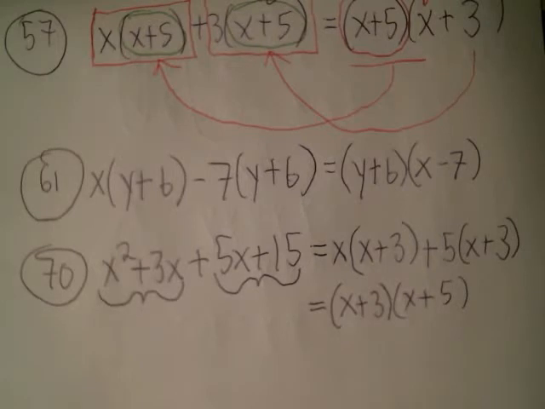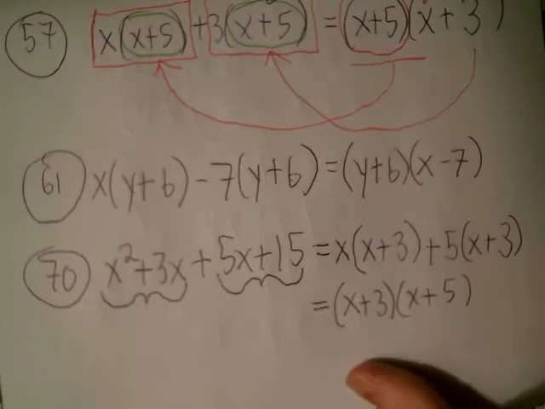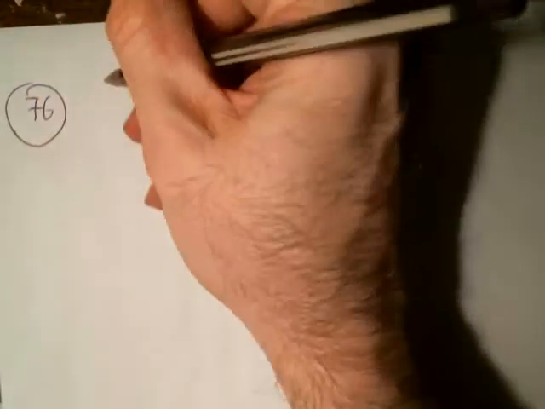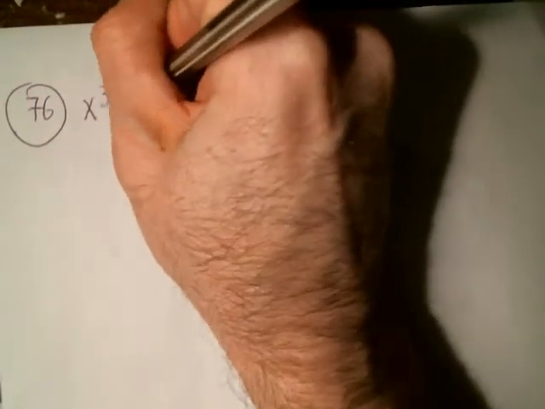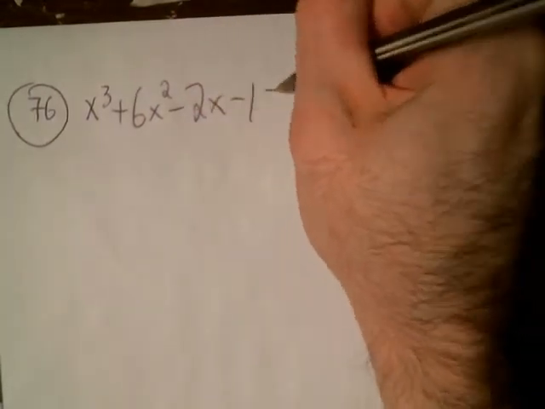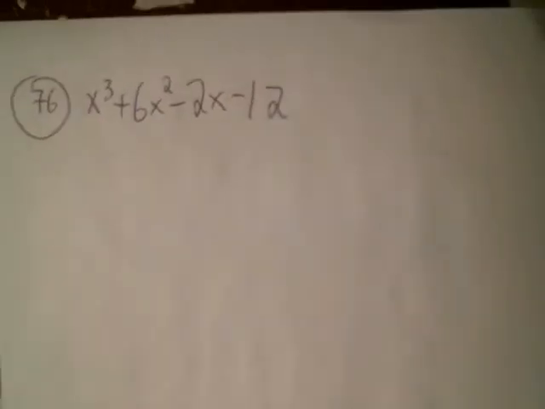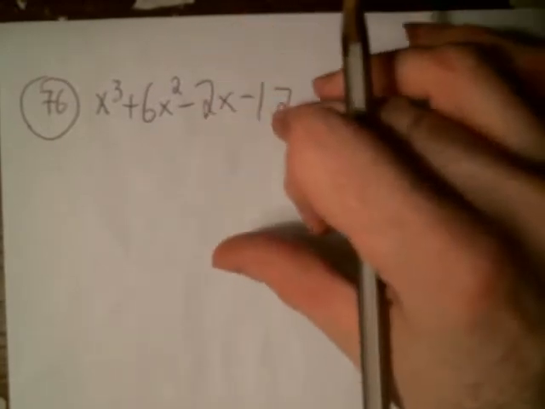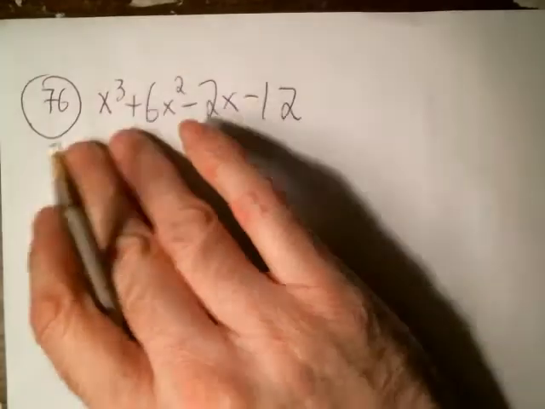Okay, let's look at one more of those, and then we'll have an application to worry about. Okay. So 76, I have x cubed plus 6x squared minus 2x minus 12. So again, I'm trying to get this into a form where this guy has a binomial and this guy has another binomial that are the same.